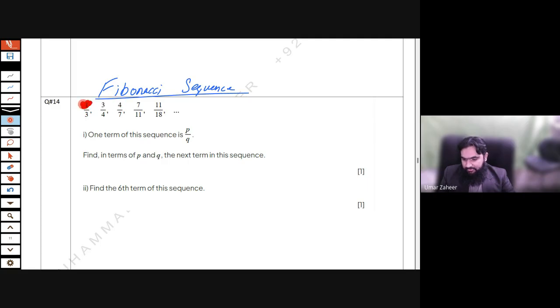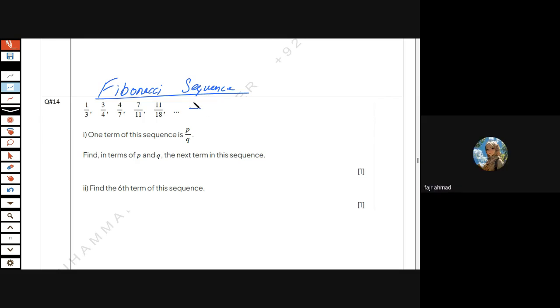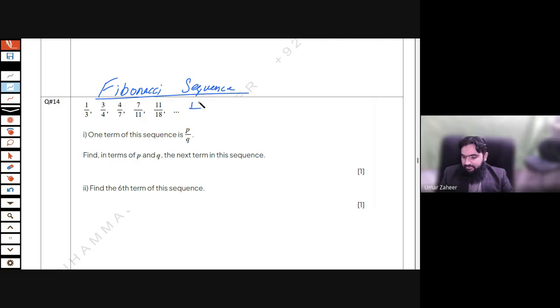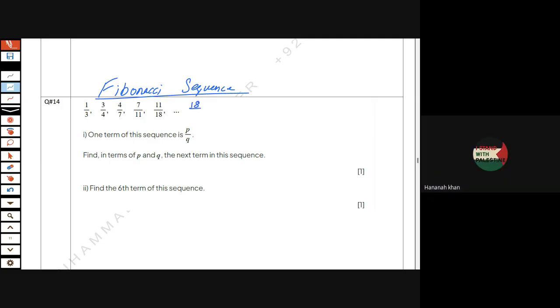If you look carefully, 1 plus 3 will be 4, 3 plus 4 will be 7, 4 plus 7 will be 11, and 7 plus 11 is going to be the next term. So in the numerator, 7 plus 11, that will be 18.